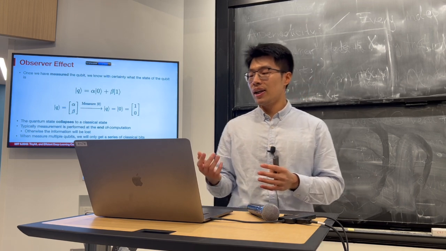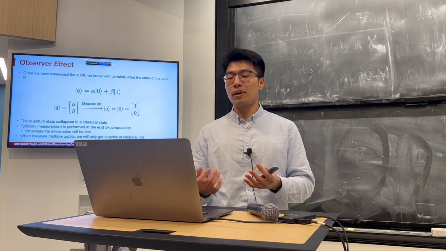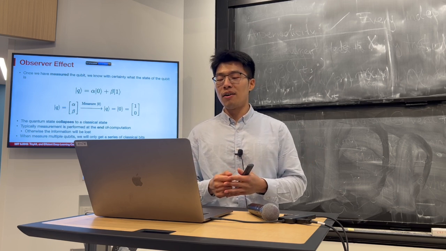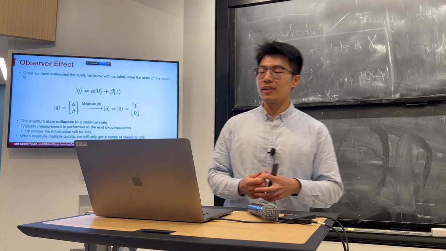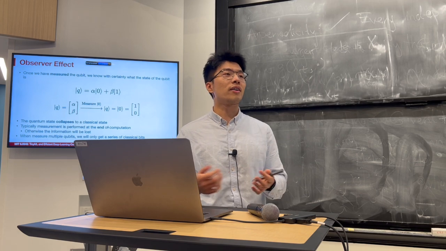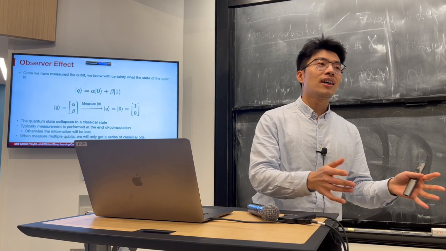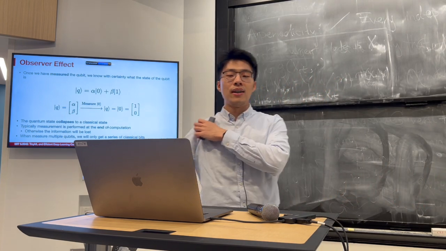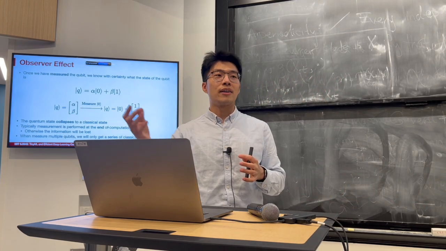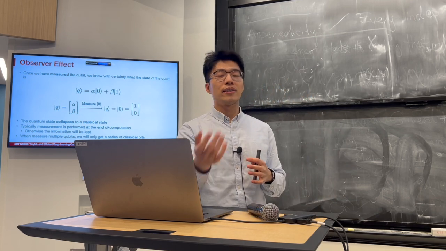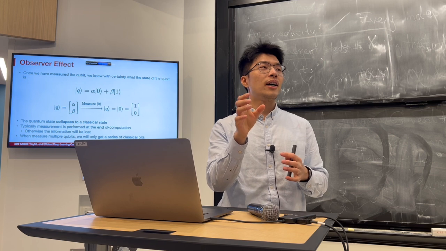That is a very intriguing effect. For example, there is a very famous thought experiment called Schrodinger's cat. We put the cat in a box, and there is a Geiger counter to count the number of events from a specific device.